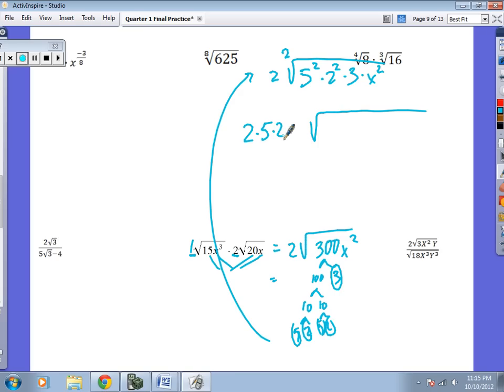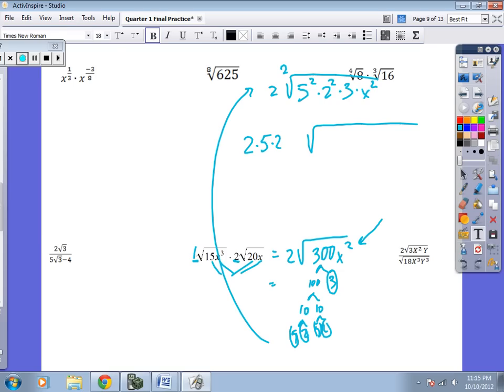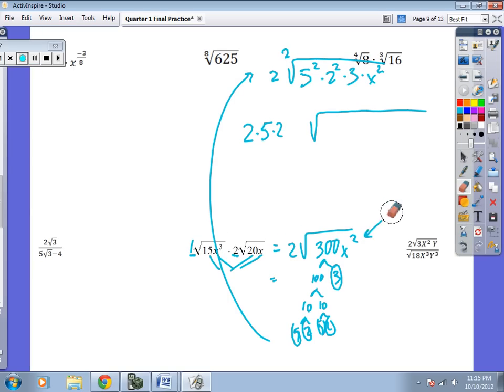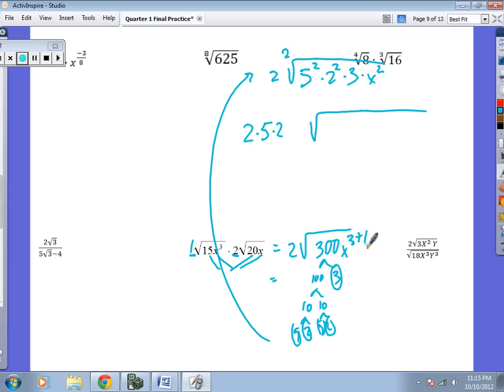And I think I messed up here. My x is right here. That's a mess up. It should not be x squared. It should be x to the 3 plus 1. So it really should be x to the 4th. So I gotta change this to a 4.